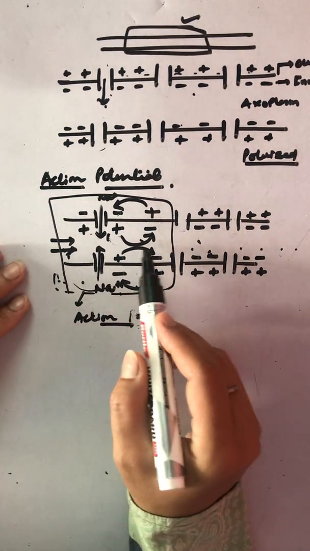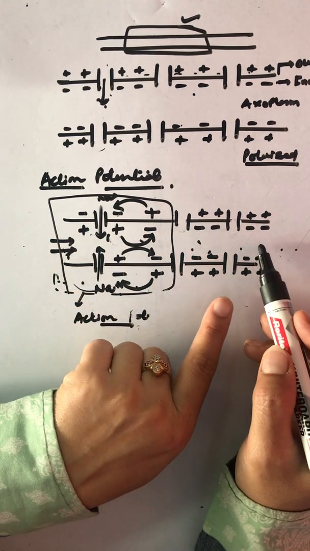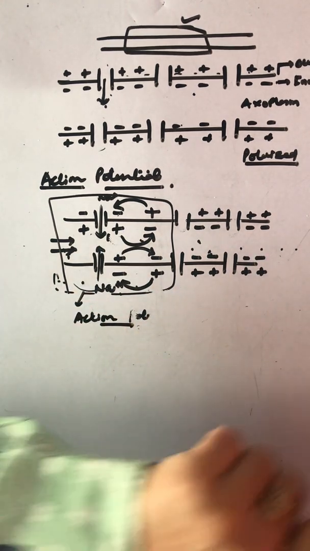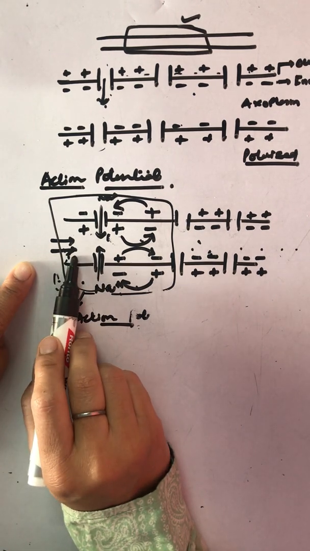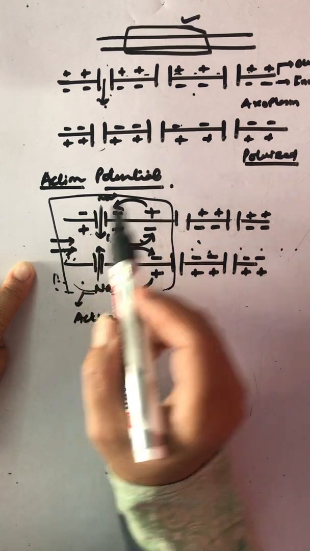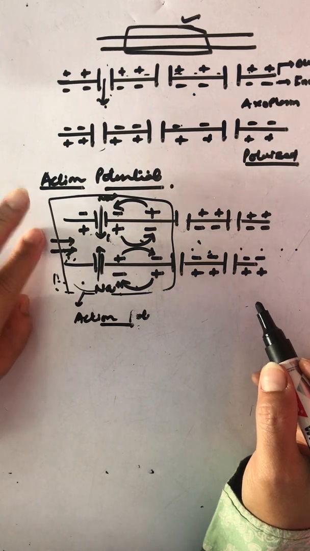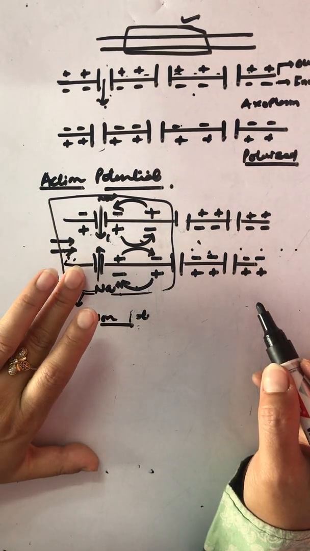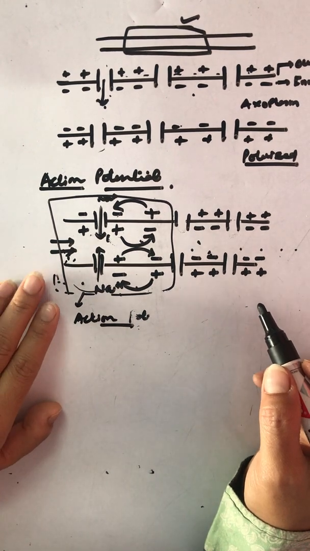It keeps on passing from the depolarized state to the next polarized state and continues until the threshold stimulus is received. When the stimulus stops, the entire process stops and the polarized state is restored.